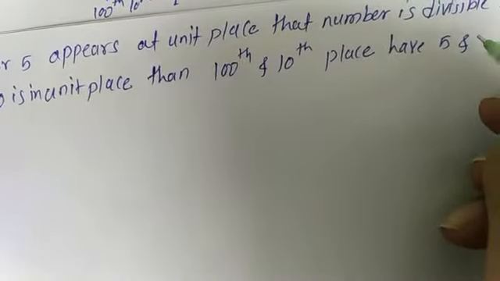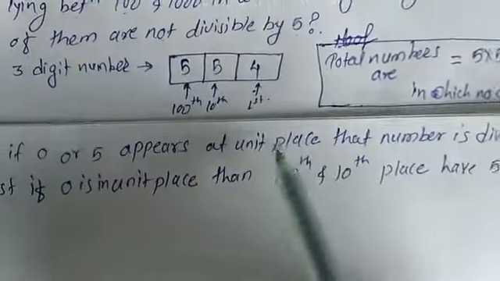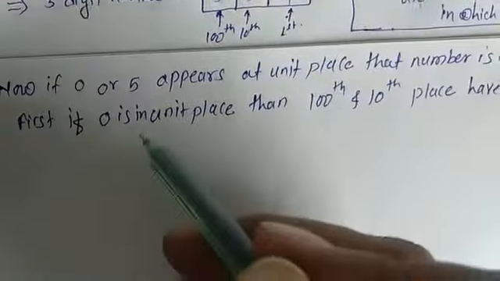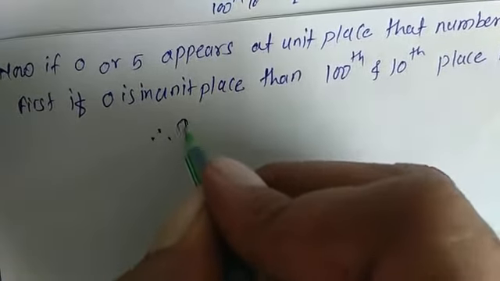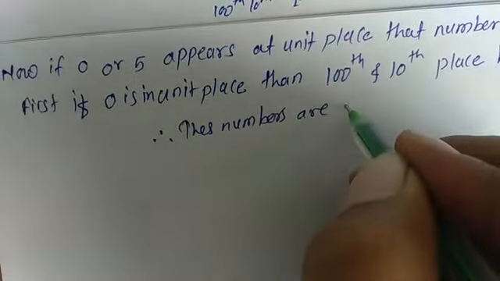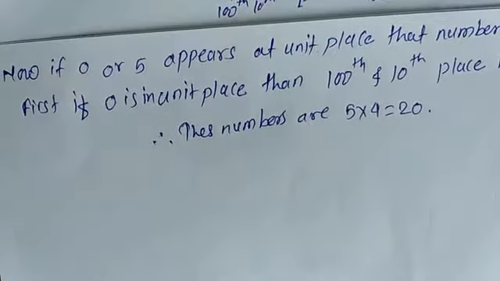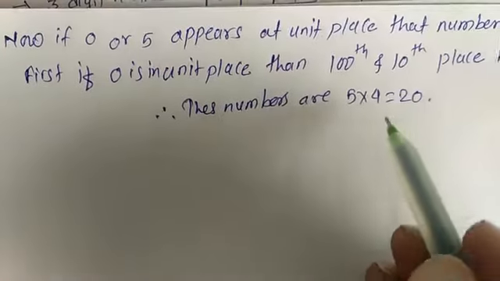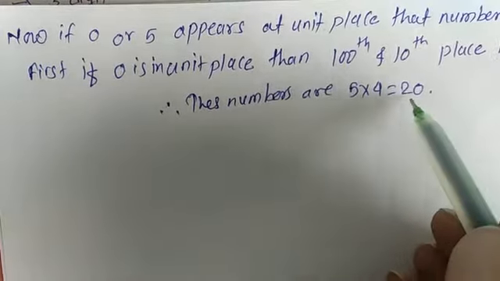That means you may take the remaining numbers at the 100th place and at the 10th place. So these numbers are 5 into 4, which is equal to 20. That means if I consider 0 at the unit place, the total number of 3-digit numbers with 0 at the unit place will be 20 numbers.